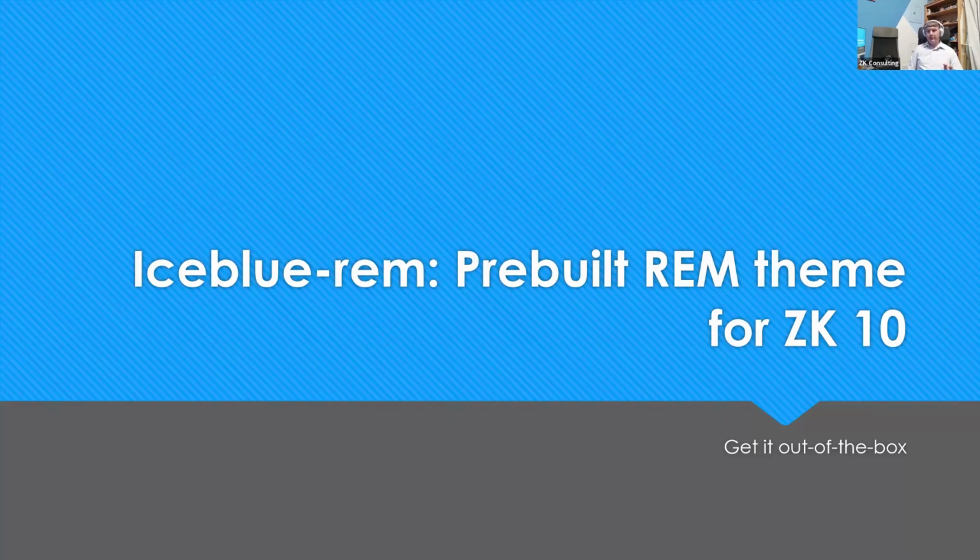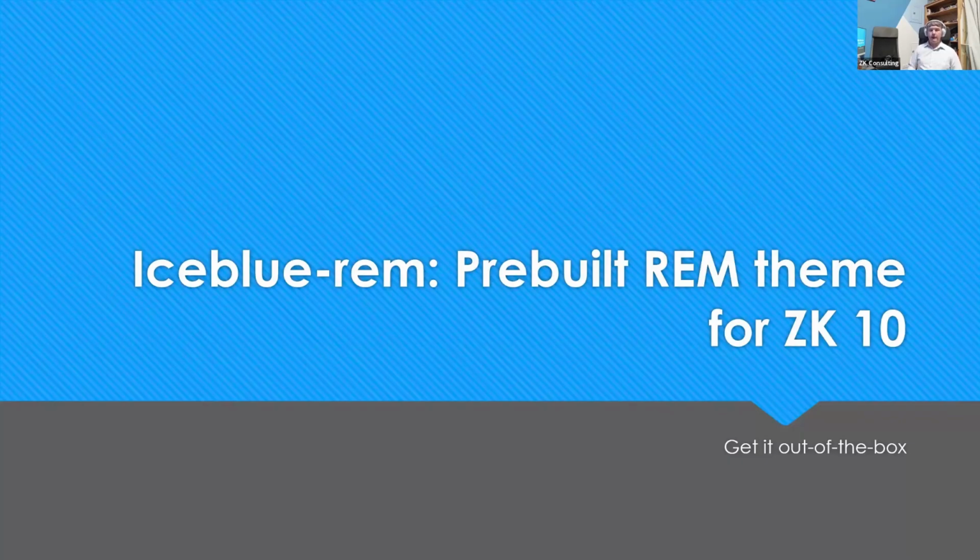The Iceblue theme you already know about because it is the default theme in ZK since ZK 8, our current modern theme. That theme has been improved over the years, and our next step, what we are aiming for at the moment, is to include all of that resilience, all of that usability and customizability from CSS variables and REM units into Iceblue.